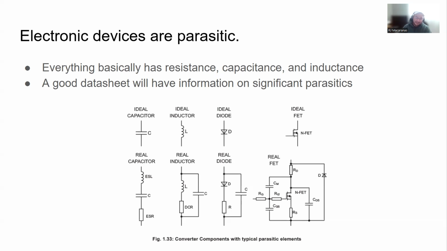Whenever you have two plates of metal, you've effectively created capacitance, and at least all of these basic devices have at least two terminals, right? And with two terminals, you certainly have capacitance, and every physical object has some amount of resistance. So you can very easily see that these perfect components are not anything near perfect, right?